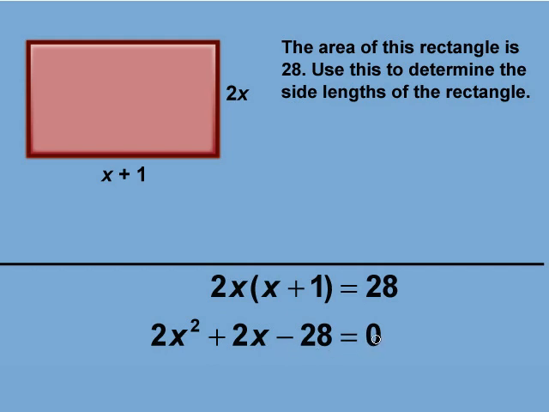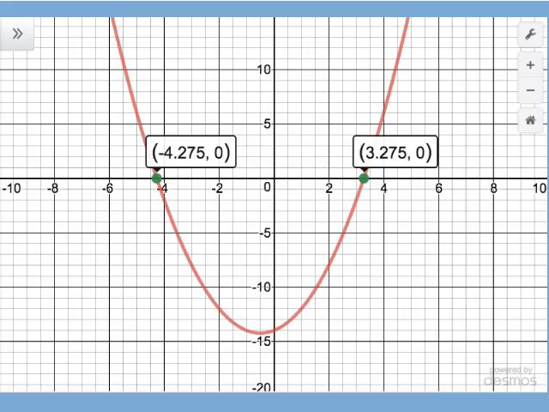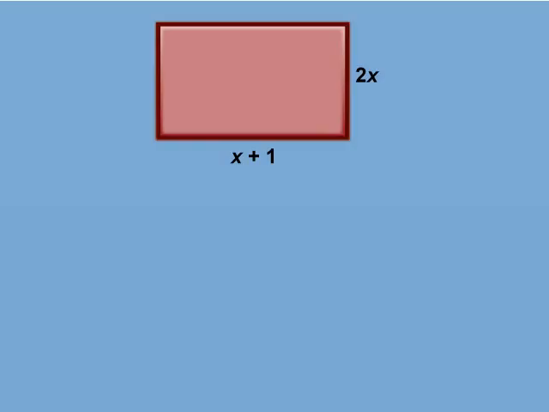We can simplify this further by dividing both sides of the equation by 2 to get x squared plus x minus 14 equals 0. Let's graph the left side of this equation as a function. Here is the graph of it. The parabola intersects the x-axis twice, at values negative 4.275 and 3.275.